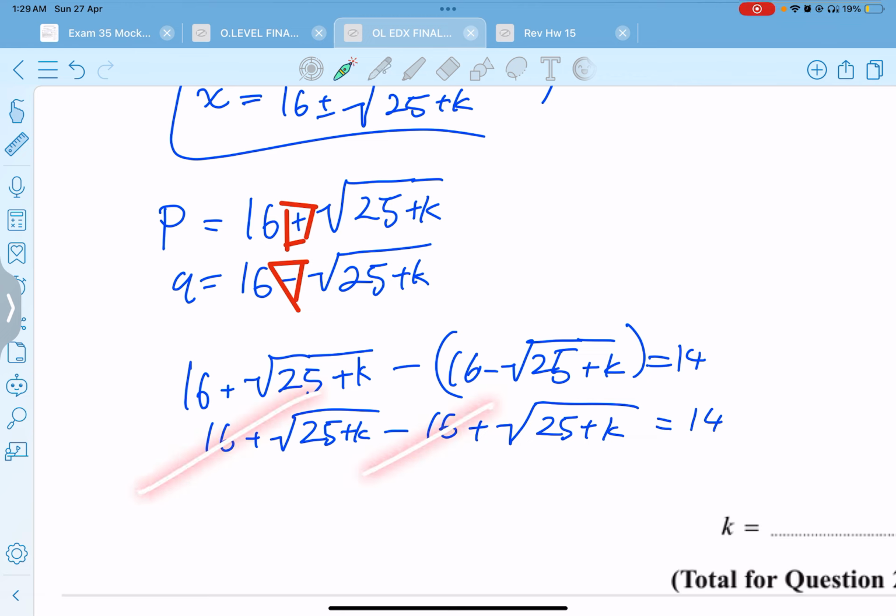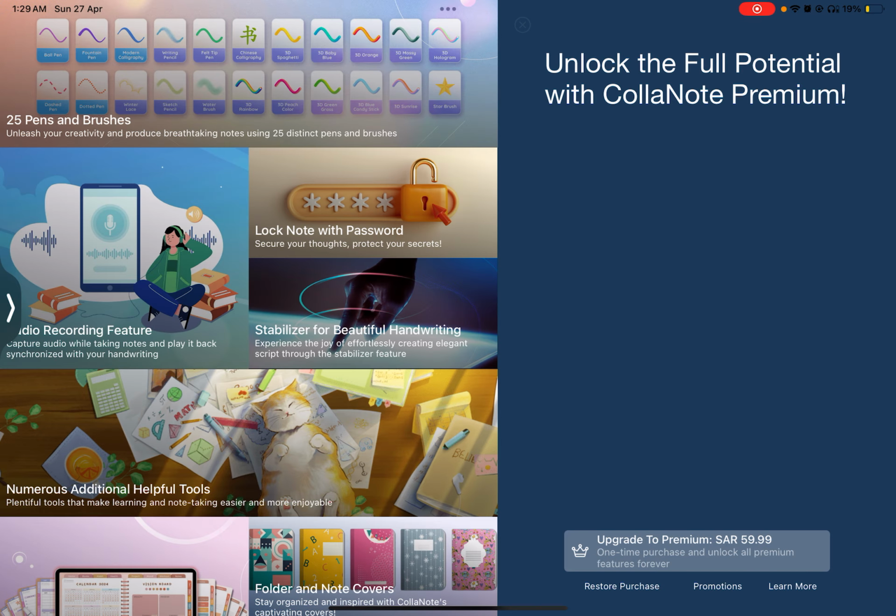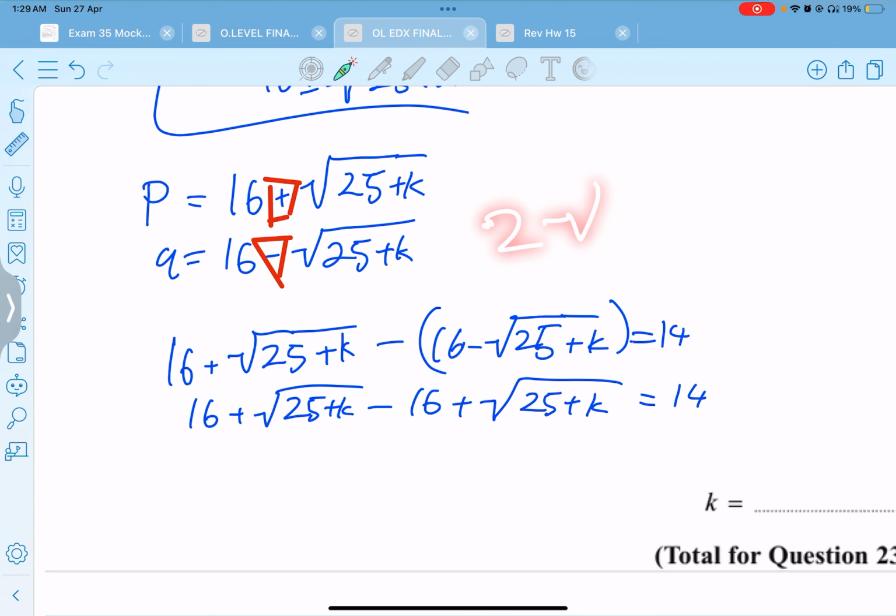16 and negative 16 will cancel, then it's going to be root of 25 plus k plus the same identical one. Imagine it as if it's root x plus root x. What is it going to be? It's going to be 2 root x. The same here. It's going to be 2 root 25 plus k. Treat it as root x equal 14.